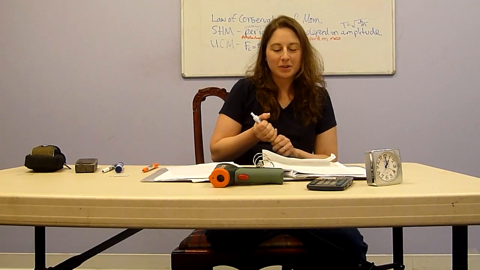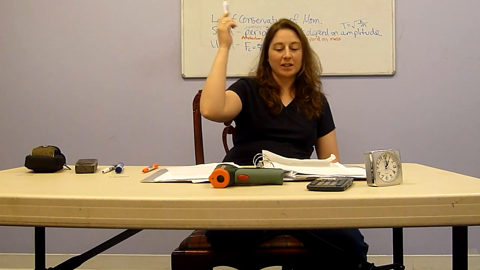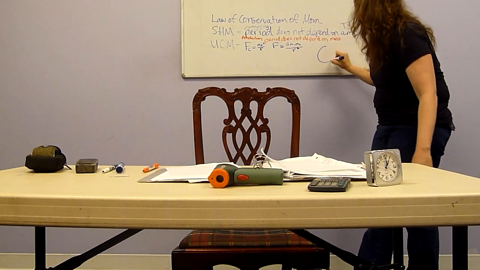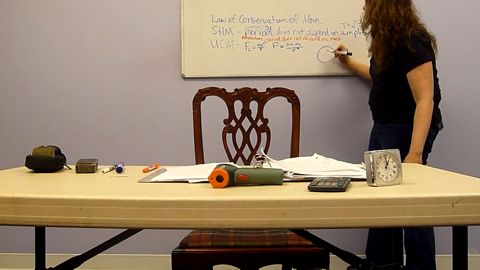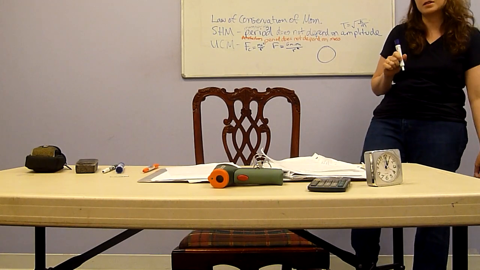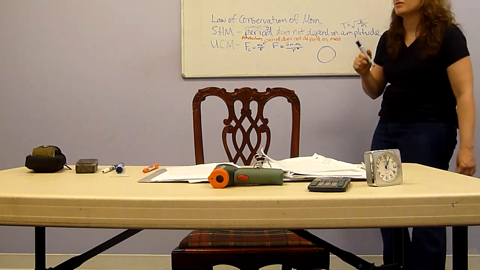What does uniform circular motion look like? This thing is what? Circular. Okay, it's moving in a circle. So when you have something moving in a circle, speed is constant. Okay, yes, you have constant speed, but can you have constant velocity? No. Why? Changing directions. Okay, velocity is a vector.